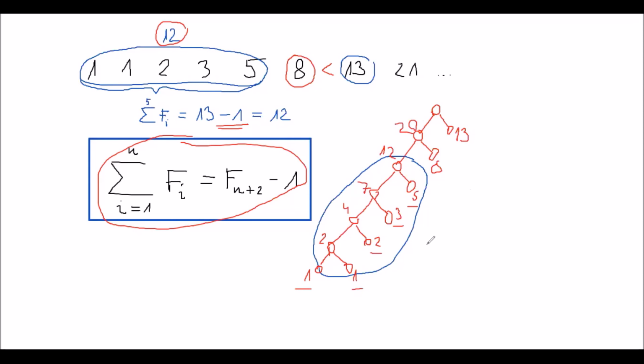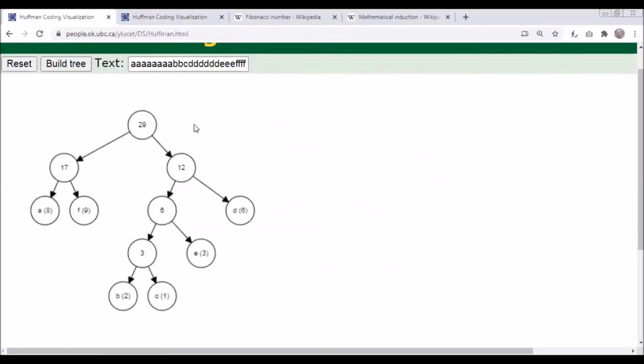But if you do not believe me, then we can change to our software here, and we can change the text. We say that the first Fibonacci number is 1, the second is 1, the third is 2, then comes 3, then 5, then 8, then 13, and so on.